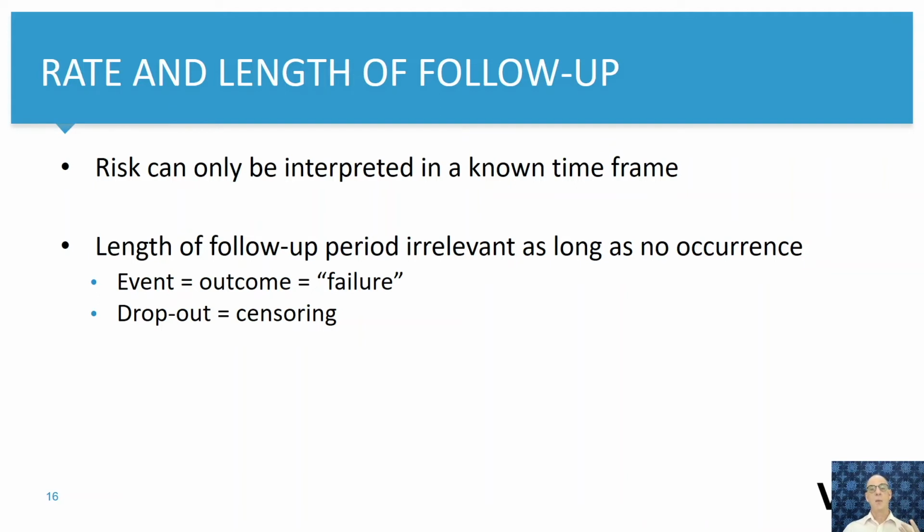And here we start defining the concept of failure. So I have been talking about an event, which is actually the outcome of interest, and in survival analysis we call that a failure. And dropouts, like somebody being lost to follow-up, is called censoring. So the terms failure and censoring are central when we talk about survival analysis.